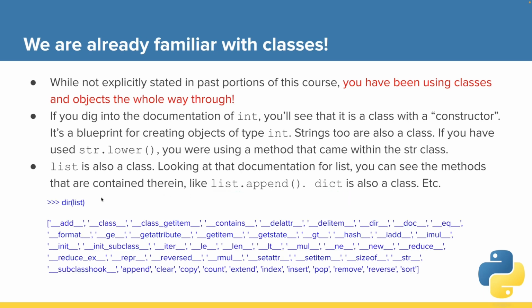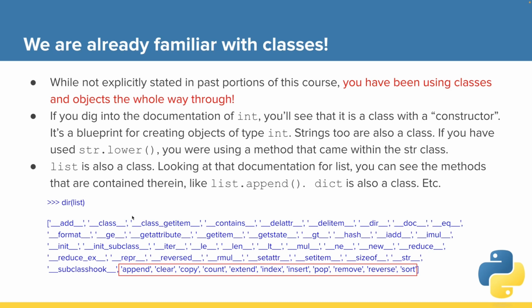So if we look at, when we've done this before, dir, and we do that on a list, for example, the list class, we can see these methods are methods of that class. And these other items are also defined within the class. These are our magic or dunder methods, which I won't get too much into, but they modify the behavior of the class.